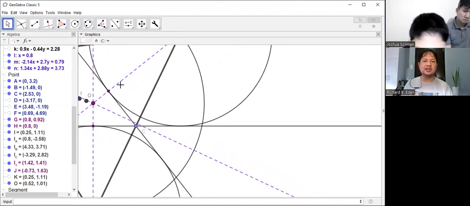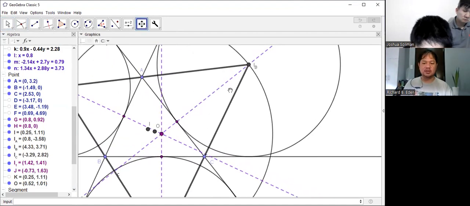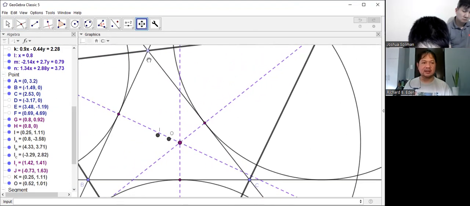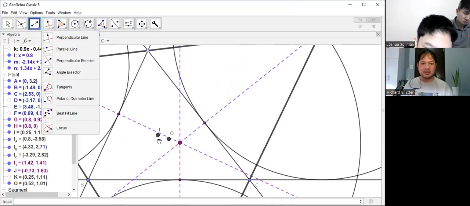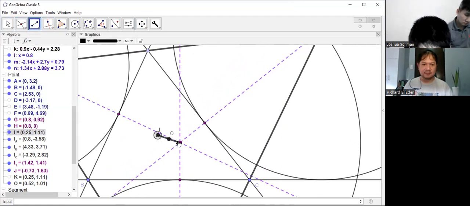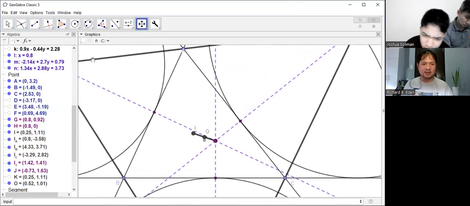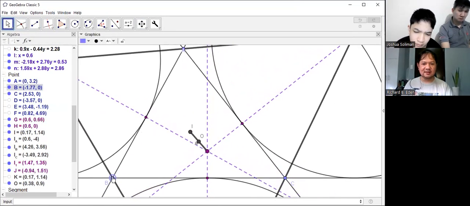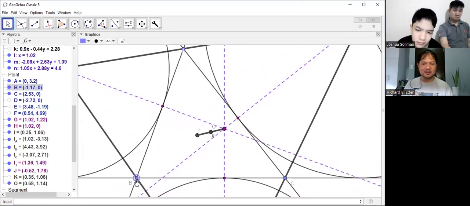So what's an easy visualization to verify that O is indeed right there? First off, are they collinear? Check natin. Okay, so ayun, mukhang collinear. Tapos let's move some of the vertices. Okay, so mukhang collinear nga.